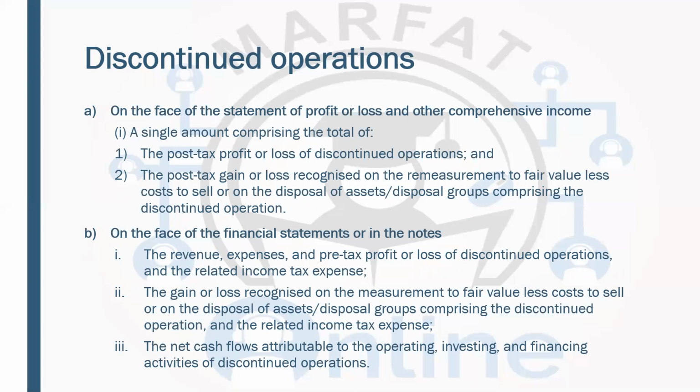And in the notes, the revenue, expenses or the pre-tax profit or loss of discontinued operations, the gain or loss recognized on the measurement of the fair value less cost to sell, and the net cash flows attributable to operating, investing, and financing, because it is related to the notes and the cash flows and things like that.